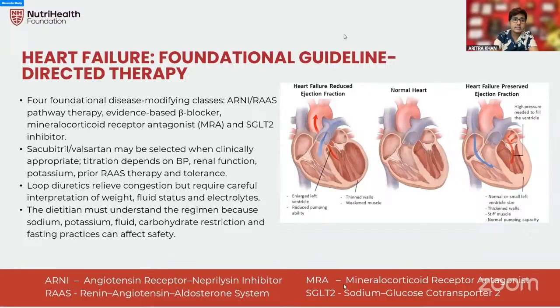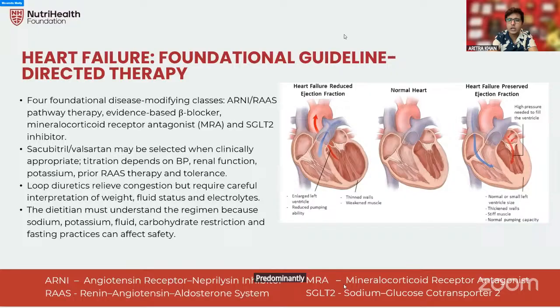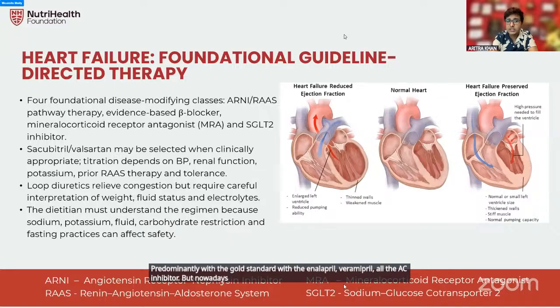Here we can see this heart failure guideline, where there is the ARNI and the RAS pathway therapy, evidence of the beta blocker, mineralocorticoid receptor antagonist, and the SGLT2 inhibitor, because this is all under the RAS pathway. We can see the heart failure treatment predominantly with the gold standard enalapril, ramipril, all the ACE inhibitors. But nowadays things have changed.